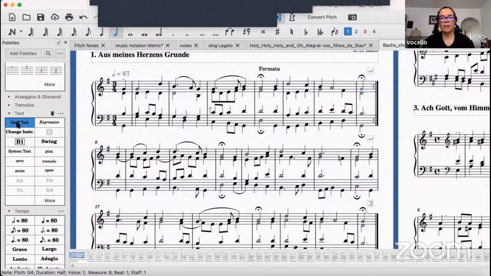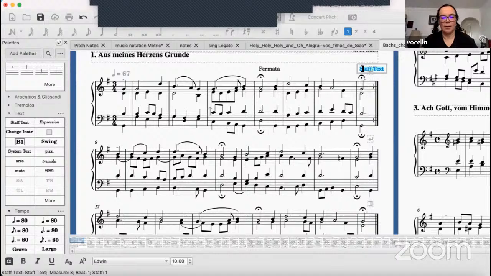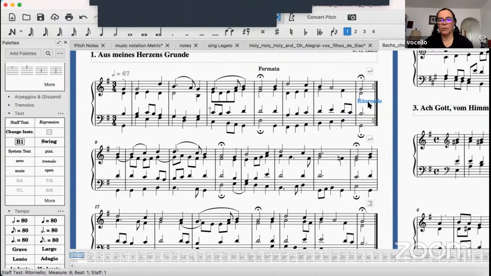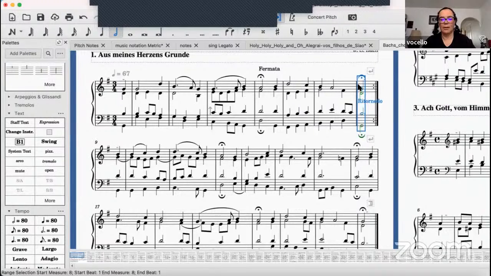Ritornello, ritorno means go back, repeat. The repeat sign. Why do we say it in Italian? Because the nomenclature was made in Italy a long time ago, so we use that nomenclature. But it's the repeat sign.